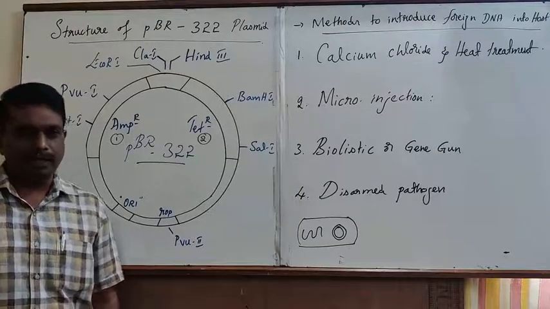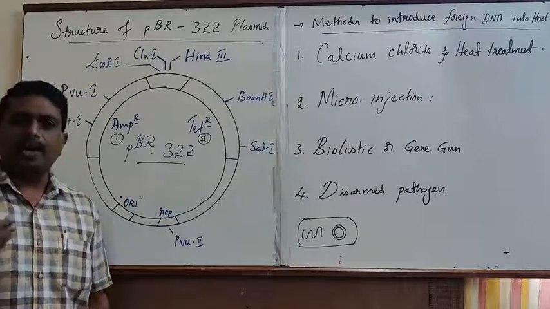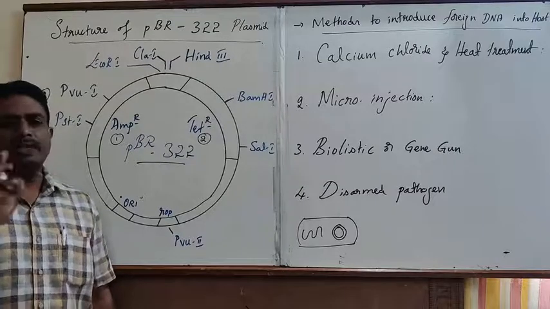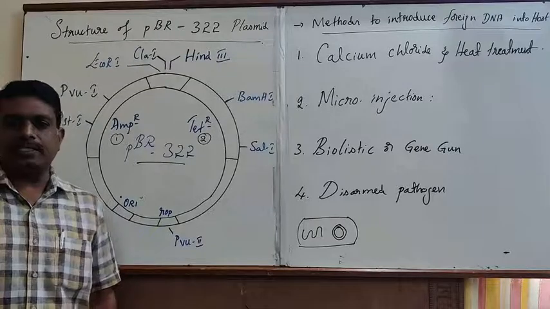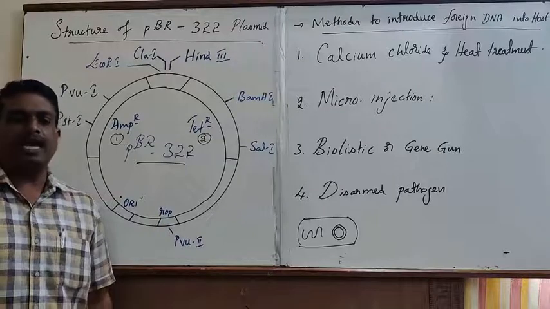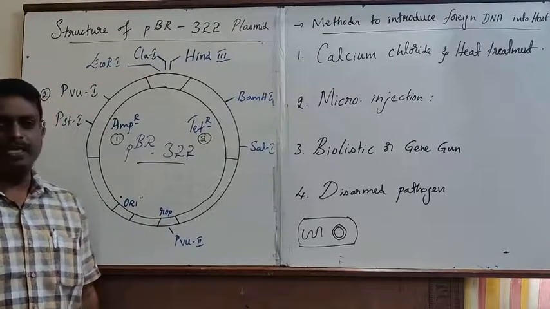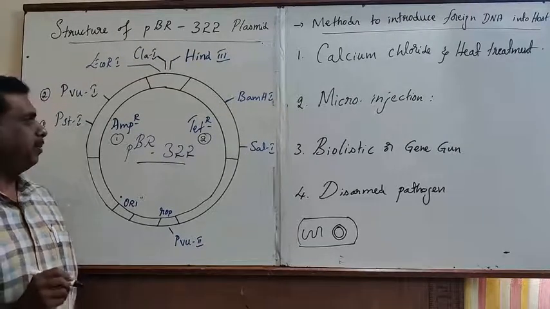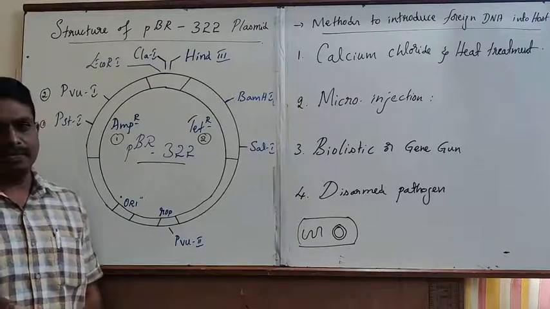They play a very important role in identifying and eliminating non-transformants and permitting the growth of transformants. These genes encode resistance to two important antibiotics, namely ampicillin and tetracycline.